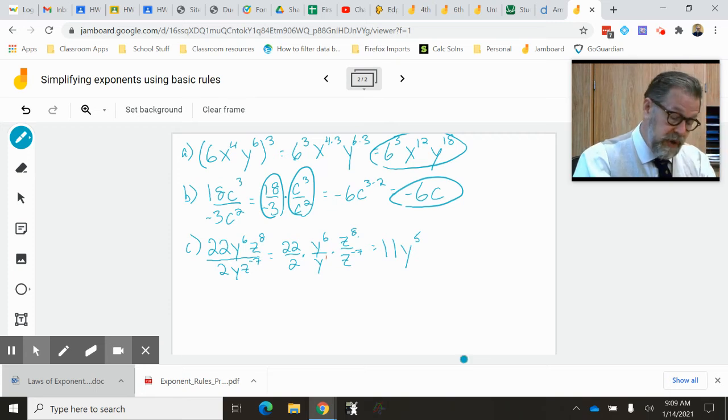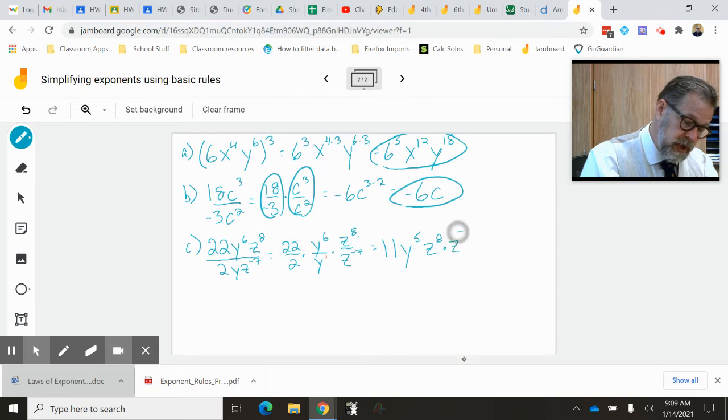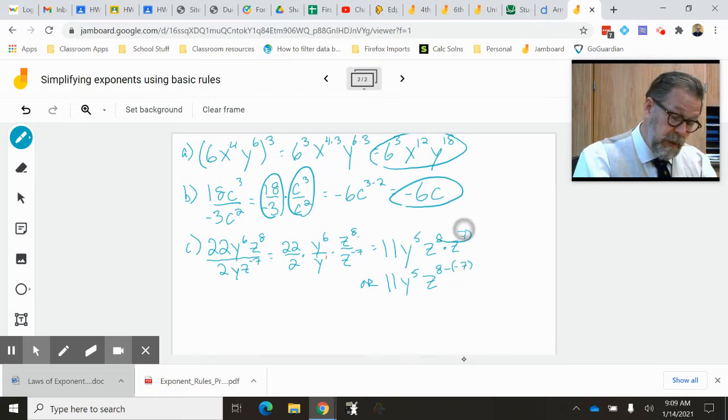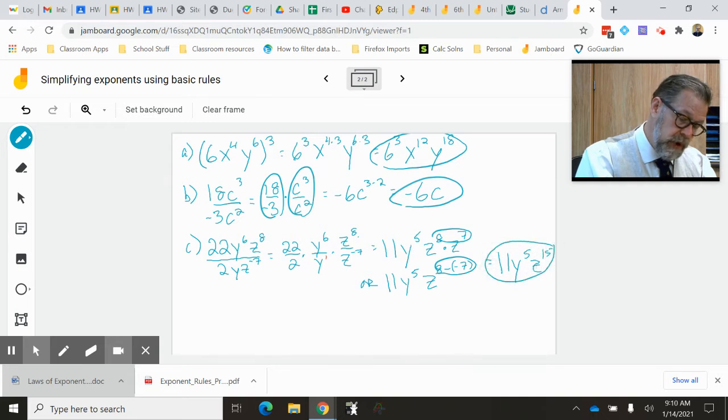I could either get rid of the negative exponent and make this z to the 8th times z to the 7th, or I could just say, well, this is z to the 8th minus negative 7. Notice they're both going to end up being the same thing. This is 8 plus 7. This is 8 plus 7. So either way, you get 11y to the 5th, z to the 15, and boom, there's my final answer.